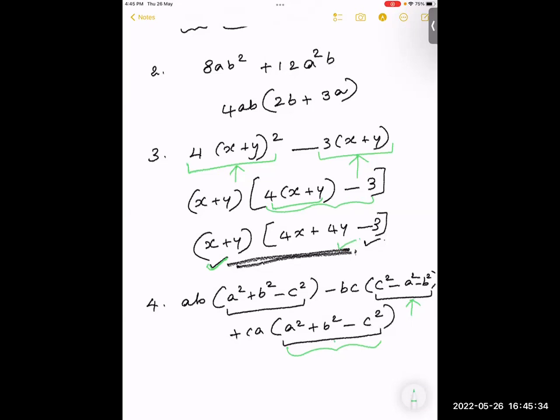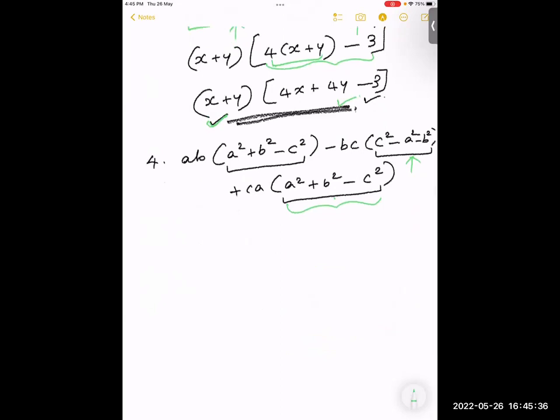Okay. So now coming back to this question, if you want to pass, you can pass it to another person, not a problem. In this case, I am asking you to find out a common factor. You said it is a square plus b square minus c square, which is correct. But the problem is for this term and this term, I see a square plus b square minus c square straight.